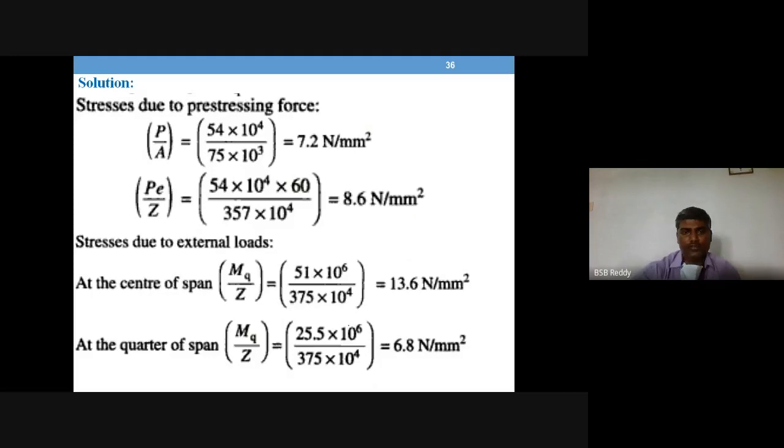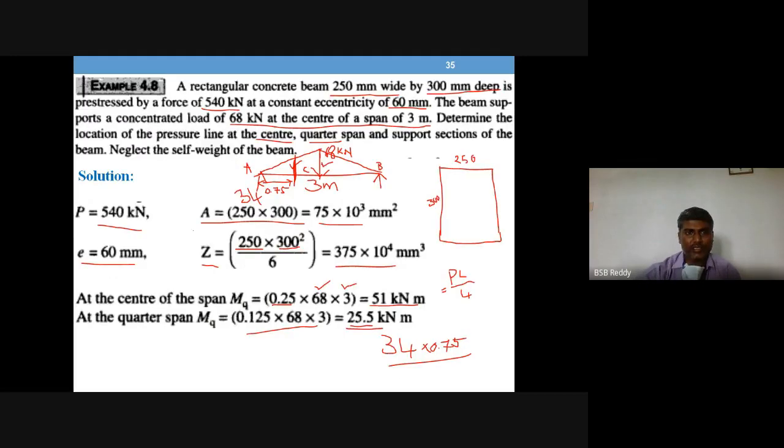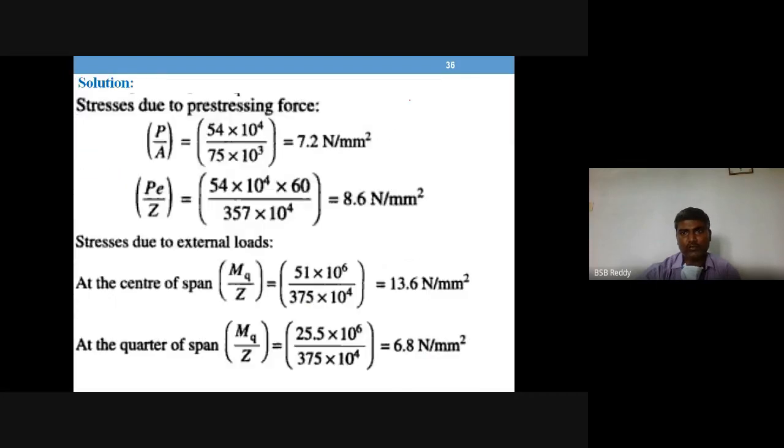To find the pressure line, you can also go for A is equal to M by P and plot the pressure line. Here in this example, we will try the other way of finding it, by locating the centroid of the resultant stress diagram.